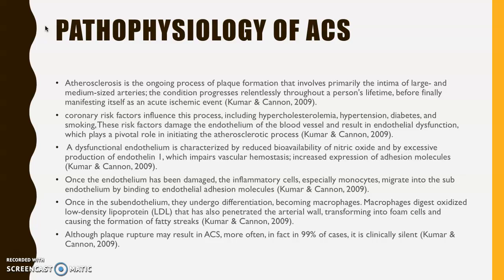Once in the subendothelium, they undergo differentiation, becoming macrophages. Macrophages digest oxidized LDL that has also penetrated the arterial wall, transforming into foam cells and causing the formation of fatty streaks. Although plaque rupture may result in ACS, in fact, in 99% of cases, it is clinically silent.